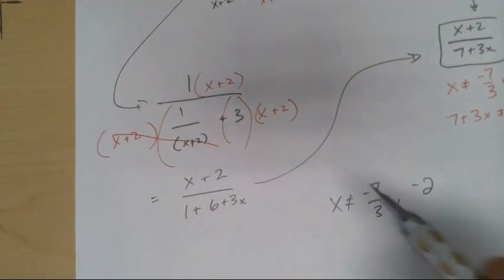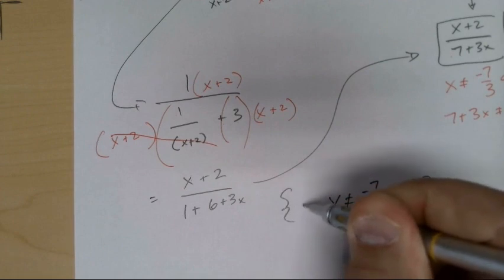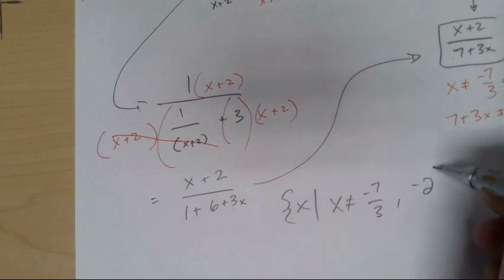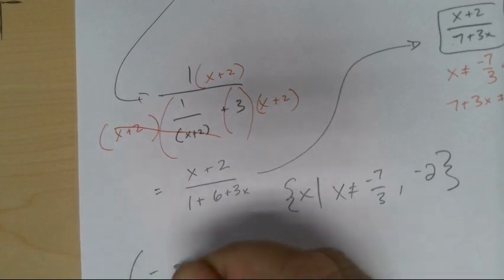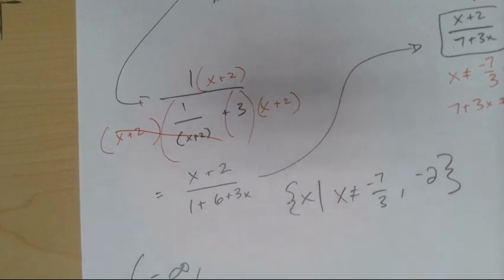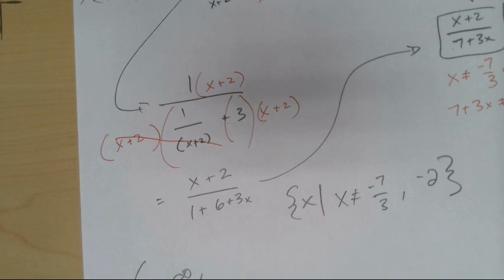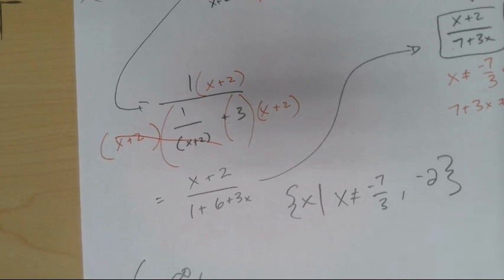So here's my domain. I just put it in set below. Oh, except it said do it as an interval. So I've got negative infinity to negative 7 divided by 3. That's like 2 1/3-ish.